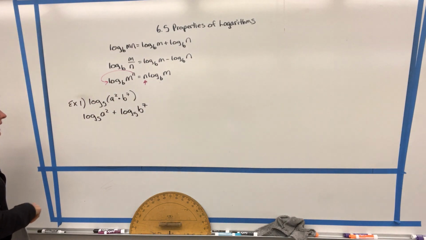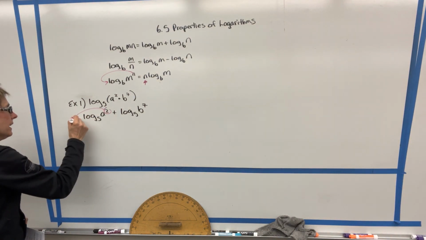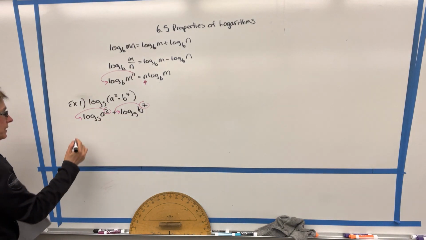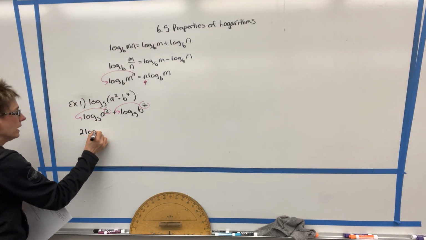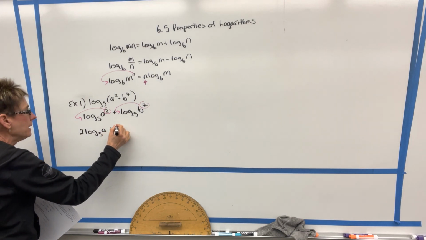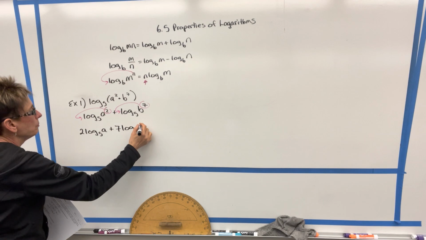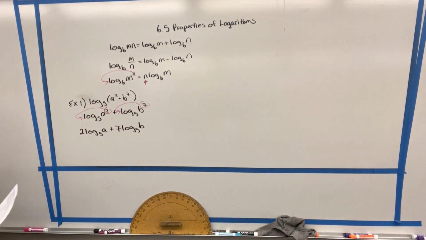Now we can see that we have exponents here and that these can be moved in front of the logs. So this is going to be 2 times log base 5 of a plus 7 times log base 5 of b. And that would be a fully expanded logarithmic expression.